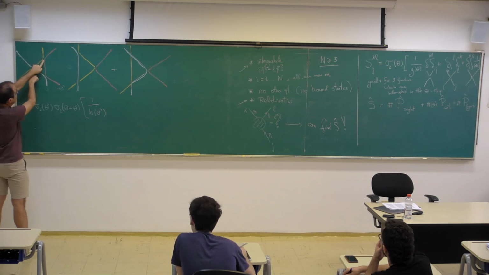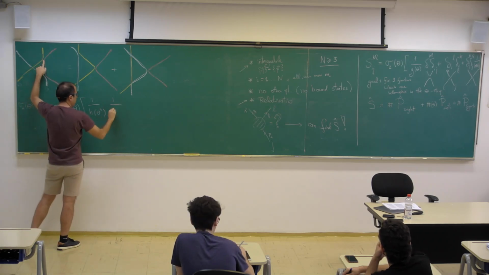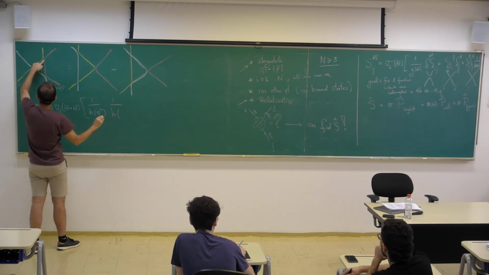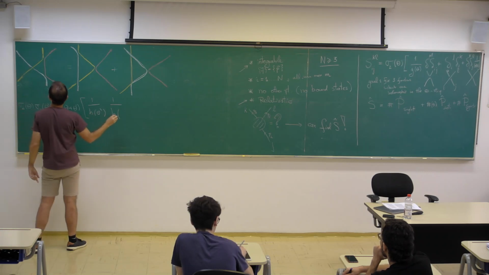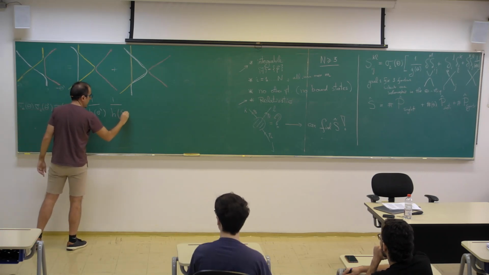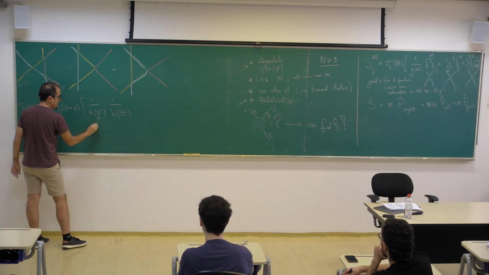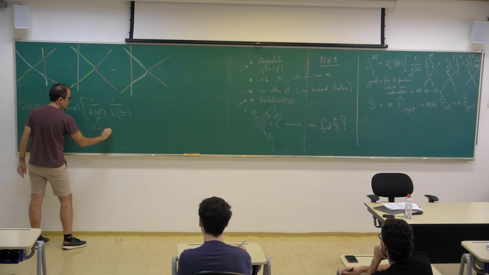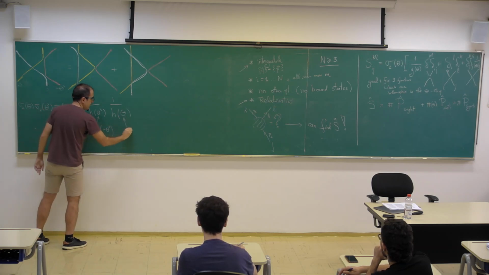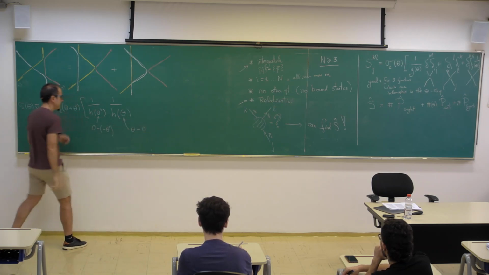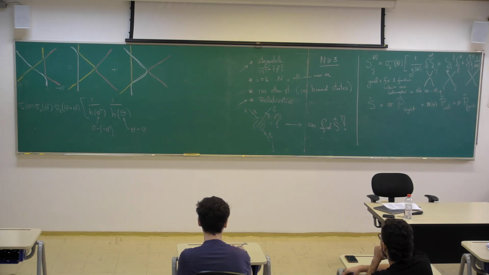And here we get another reflection 1 over H with the difference of rapidities, which is theta. Right? So this was 0 minus theta prime, and this was theta minus 0. Do you agree? Did you see this going to this? Is it clear?